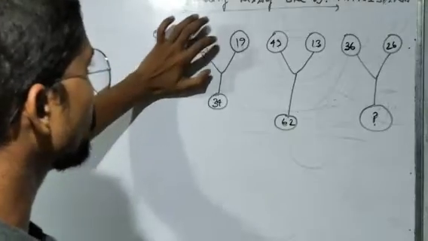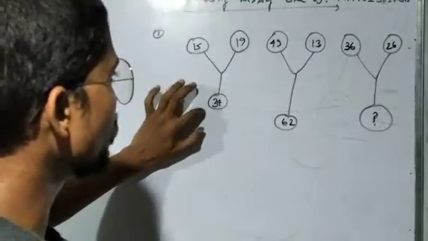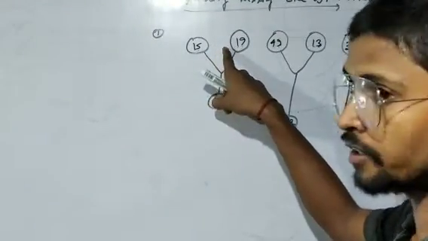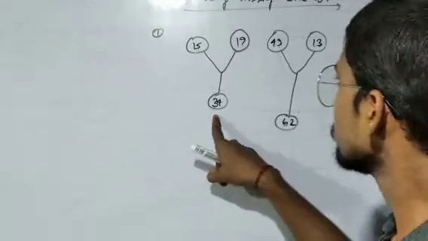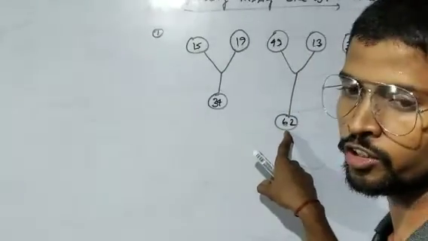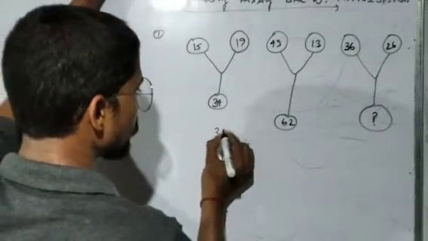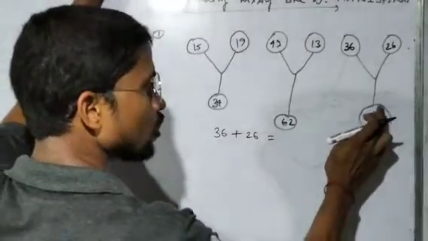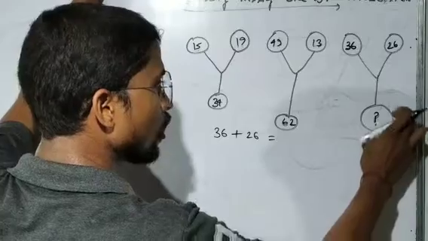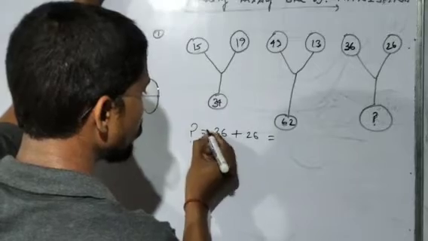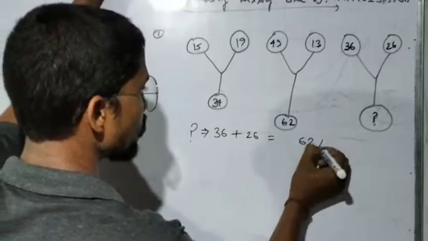When 15 is added to 19, we get 34. For 49, we add 13, and we get 62. Then for the third column, 36 will be added to 26, and we get for the third circle of the third part, according to the place of what, equal to 62.